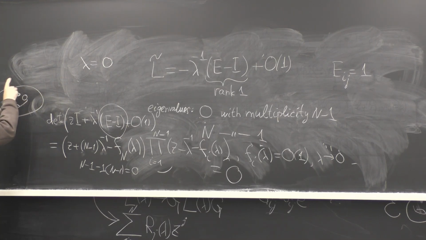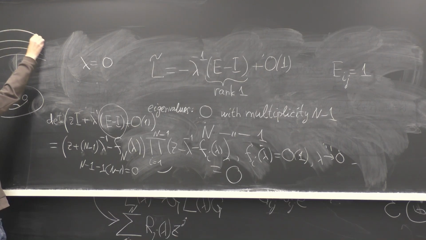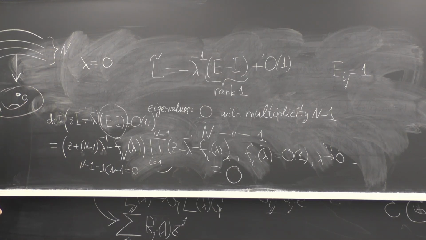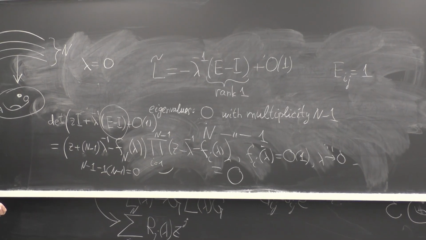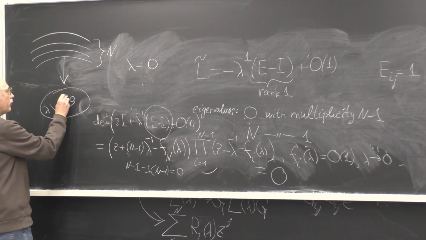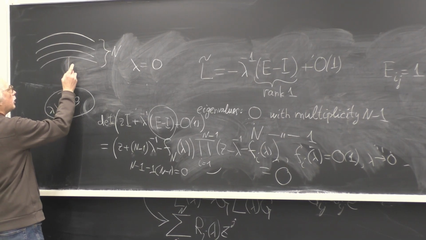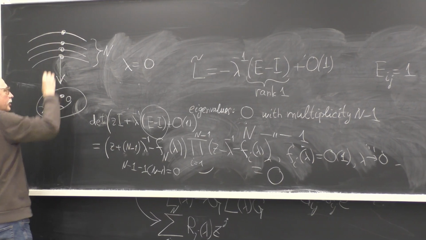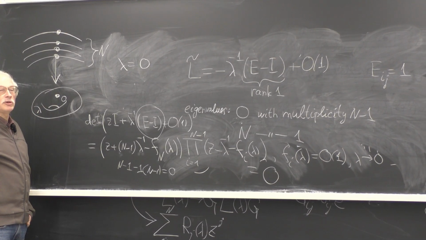Lambda lives on the torus. And we have a covering. And here we have n sheets. And above 0, there are points which are points at infinity.